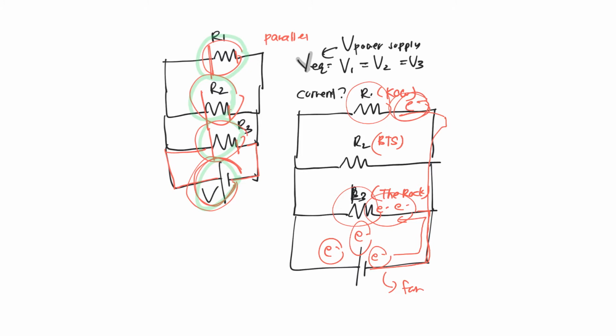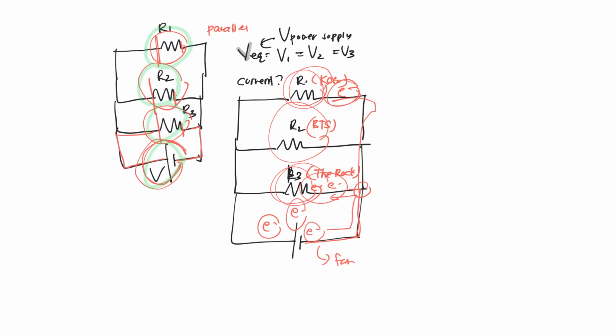Because electrons can choose between three paths, whether to go to the Rock path or the BTS path or the Cow path. That's the reason why the current for each resistor is going to be different. Another thing that is going to affect the value of current is the value of resistance.